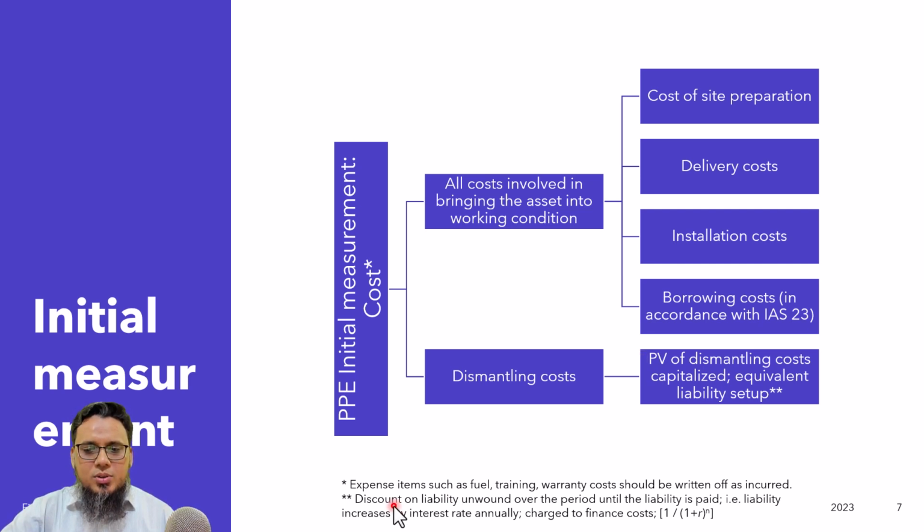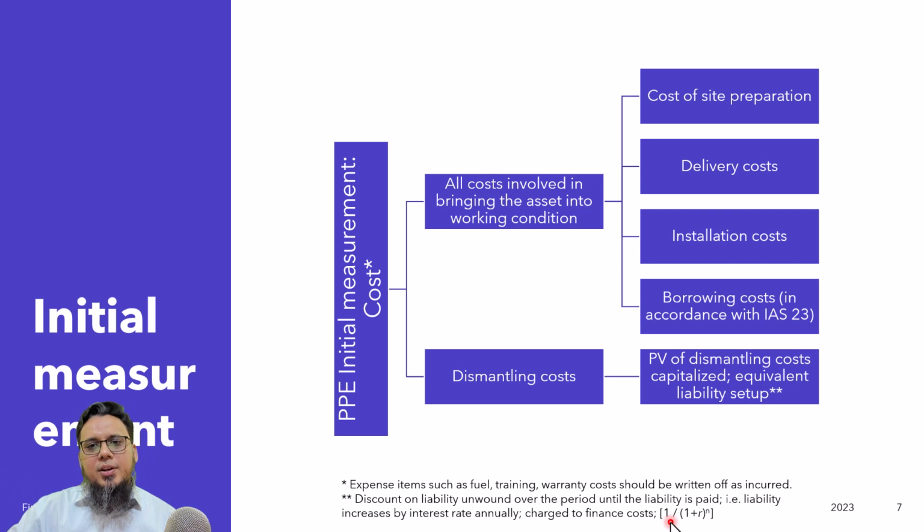Now, the discount on the liability is unwound over the period until the liability is paid. That is, the liability increases by the interest rate annually, charged to finance costs. This is the present value standard formula. So every year that liability gets a little bit increased, so that by the end of the useful life, all things remaining constant, if your estimate was, for example, $5 million to be incurred in the 25th year, you might have started off at a cost of like $1.5 million.